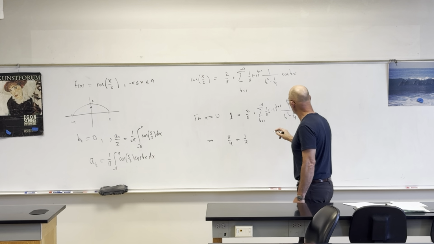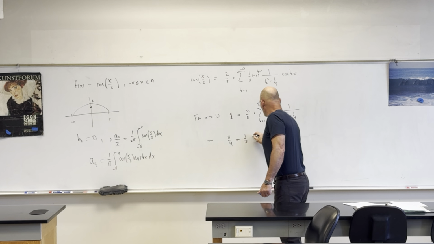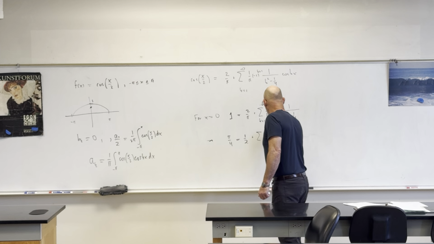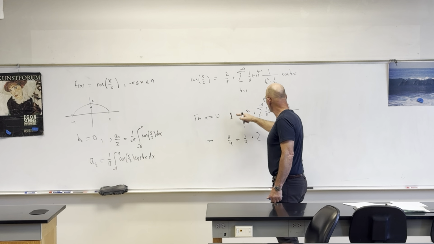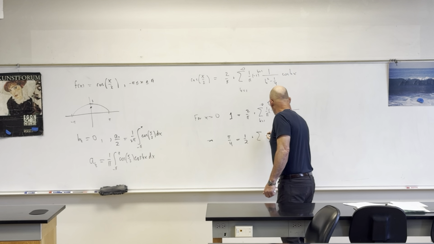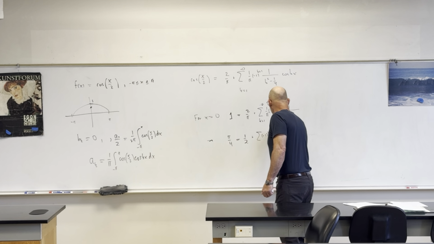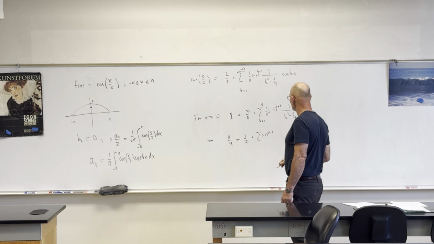Now the pi over 4 here does the following. We get 4 over pi, which gives us minus 1 to the k plus 1. Pi cancels.